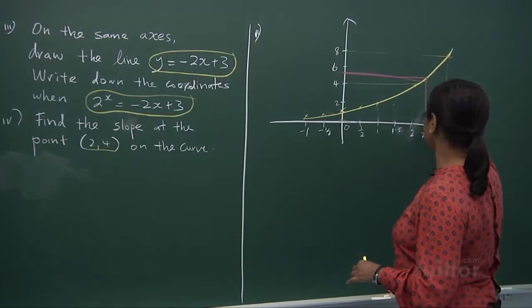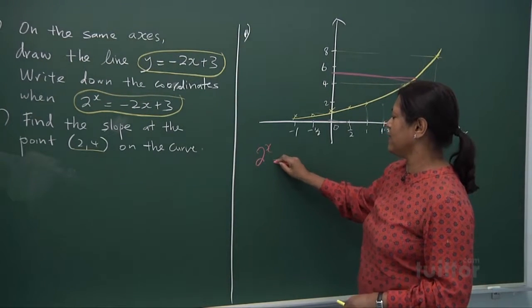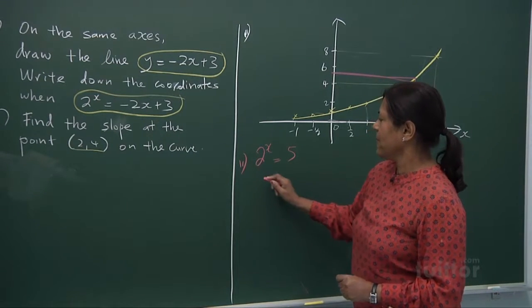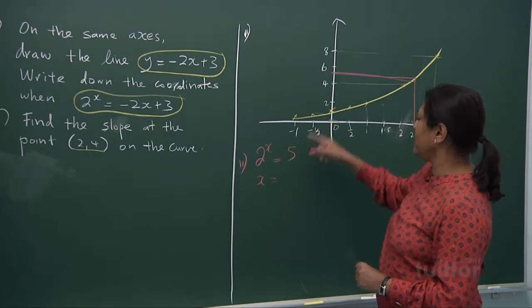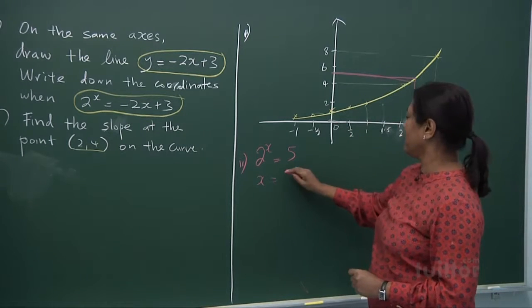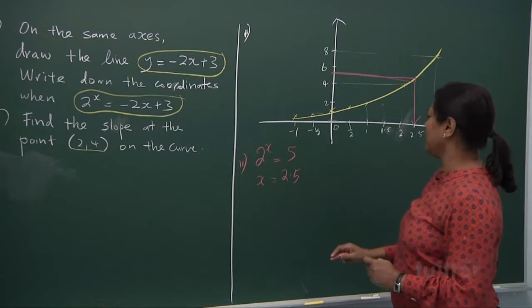And read that solution. X, graphically you can read. This is your y. Your y is 5. Your x is about 2.5. About there, slightly less than that.